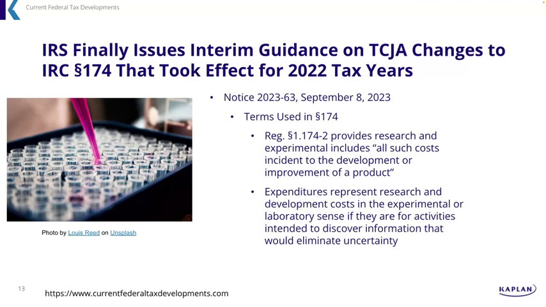They represent research and developmental costs, experimental laboratory sense, if they're for activities that would discover information that would eliminate uncertainty related to development or improvement of the product. There is a specific uncertainty we are trying to resolve. We are expending funds to resolve that uncertainty, and that's going to make it into research and experimental expenditures. That's your basic background definition.